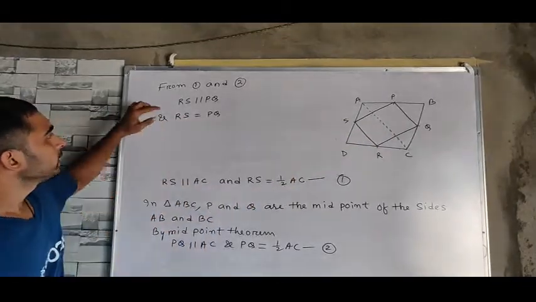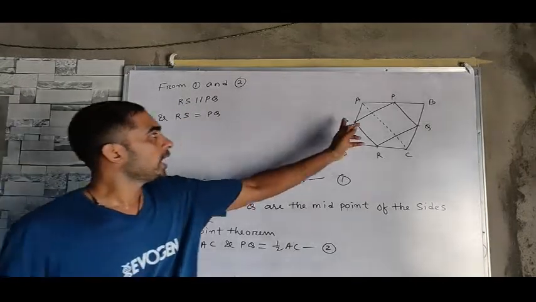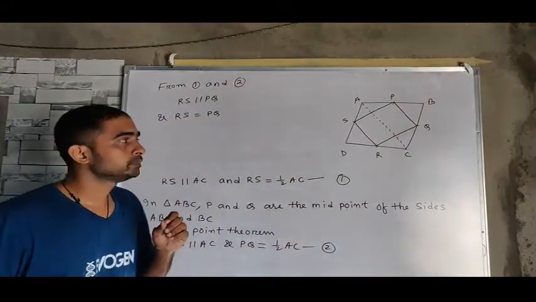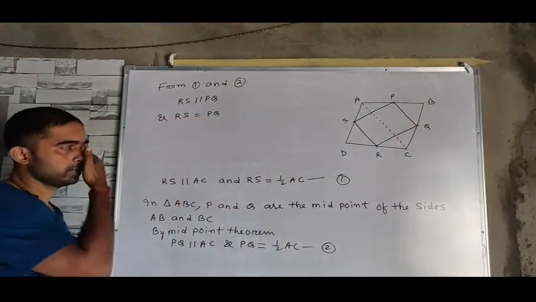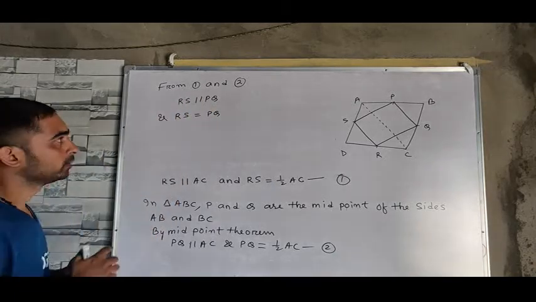So see, these are RS and PQ, the opposite sides of the quadrilateral PQRS. If one pair of opposite sides of a quadrilateral is equal and parallel, then it is a parallelogram.